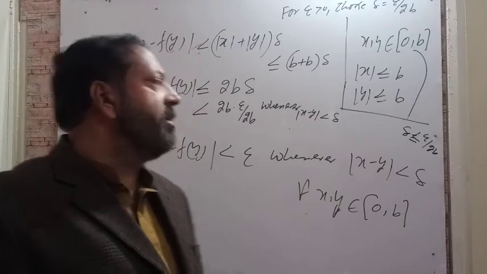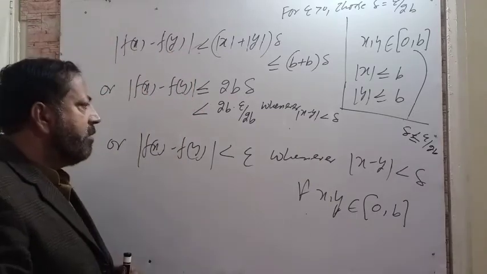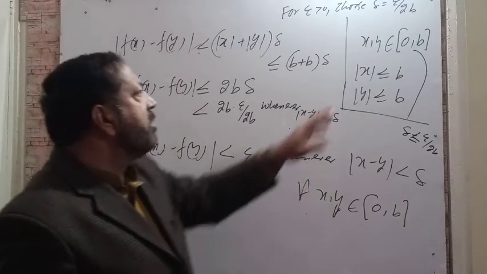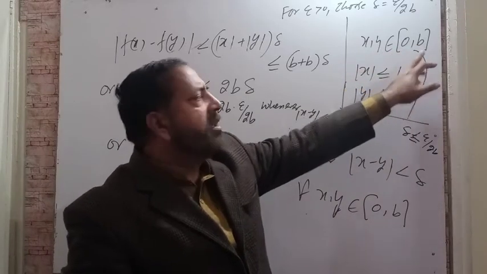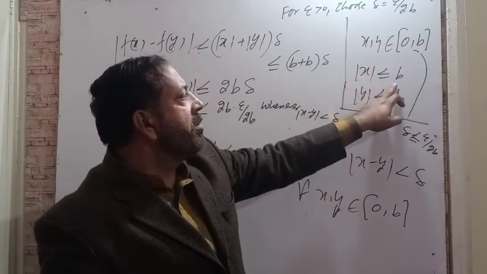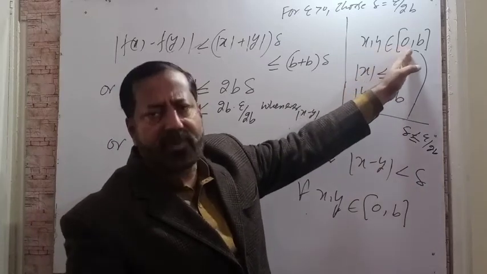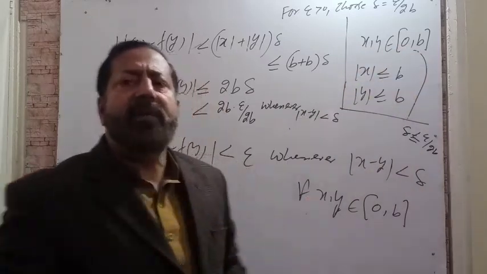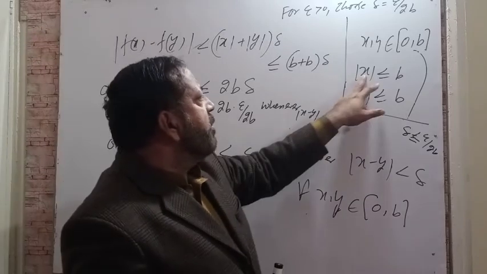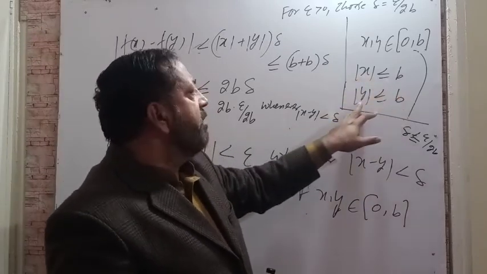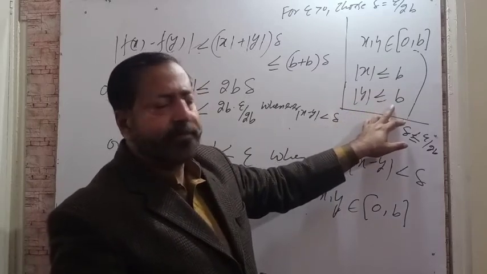Why was this happening? Because both x and y belong to the closed interval [0, b]. That's why |x| must be less or equal to b, because x is any number of this domain and b is in fact the maximum of this domain. Similarly |y| is less or equal to b, right?